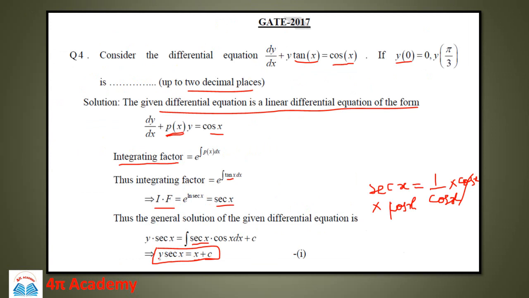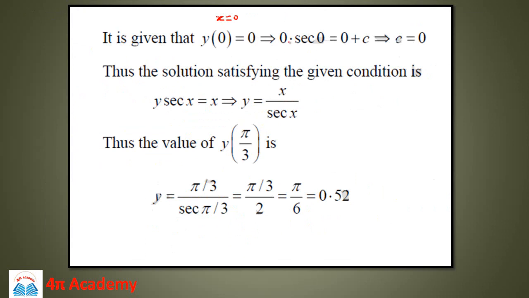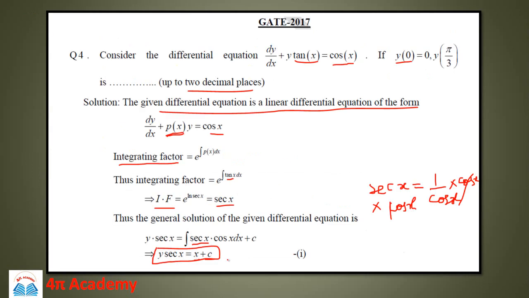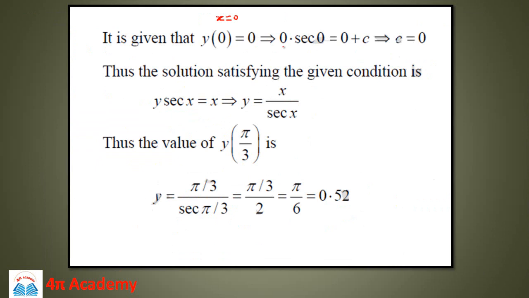So 0 into sec 0 should be equal to 0 plus c, so it implies that c will be equal to 0.